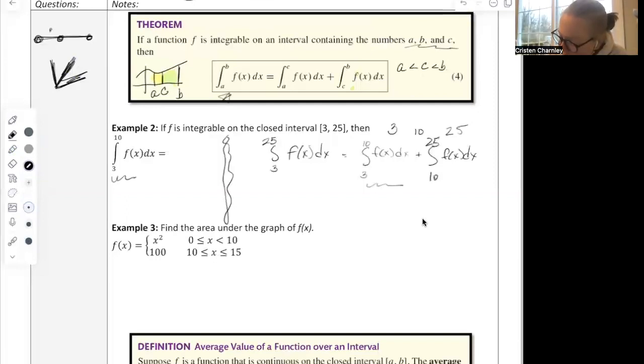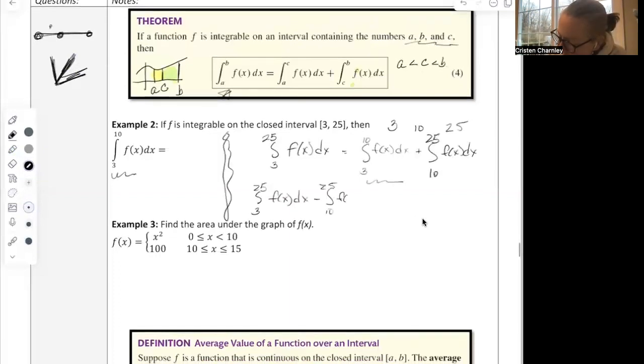So the integral from 3 to 25 of f of x dx minus the integral from 10 to 25 of f of x dx is equal to the integral from 3 to 10 of f of x dx. I started with an addition postulate. It's not really a postulate, but with the addition, if it makes more sense to you or you can see it right away to subtract those two pieces, that's okay too.